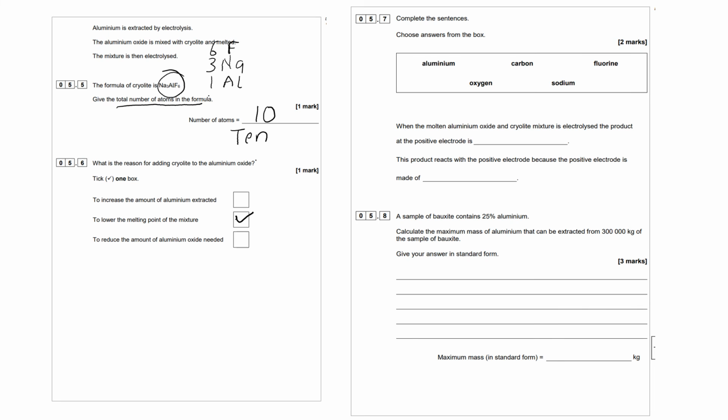Now, complete the sentence, choose the answer from the box. When the molten aluminium oxide and cryolite mixture is electrolysed, the product at the positive electrode is oxygen, because aluminium is reactive, and you've got aluminium oxide that you're separating with cryolite.